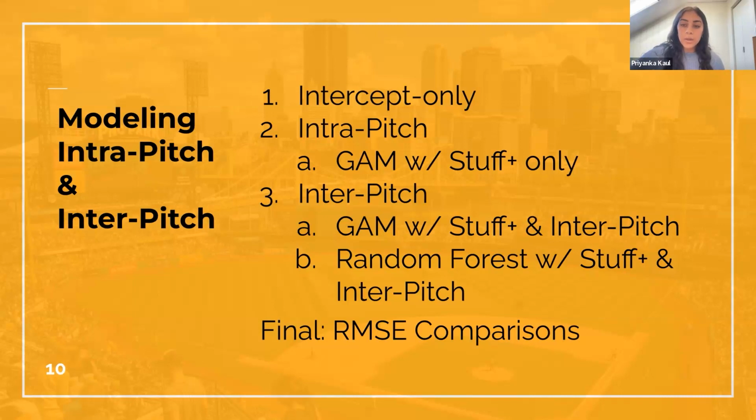To do this, we used pitch differentials in speed and movement, for example, between a fastball and a curveball. We threw these differentials into both a generalized additive model and a random forest. To strengthen both of these models, we included Stuff Plus as well. Finally, to compare all three models, we looked at their root mean squared errors to determine if interpitch dynamics really helped our modeling techniques.